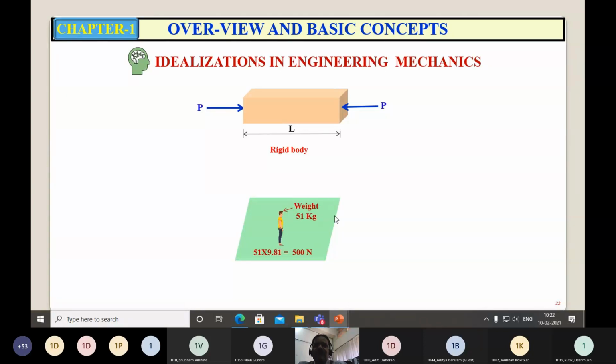But as compared to the area of this floor, area of his feet is very less, very small. So we can assume that the entire weight of that person, 500 Newton, is acting at a point. The point is nothing but the centroid of the area of his feet.